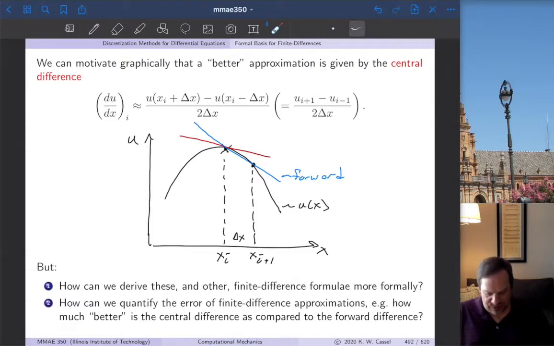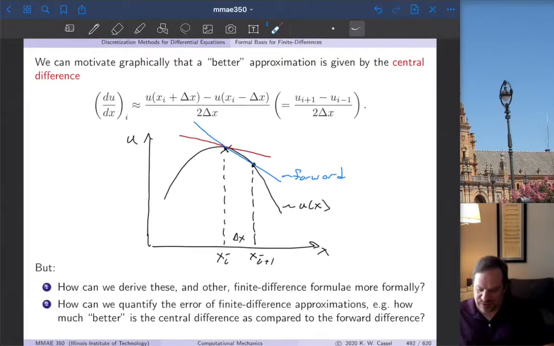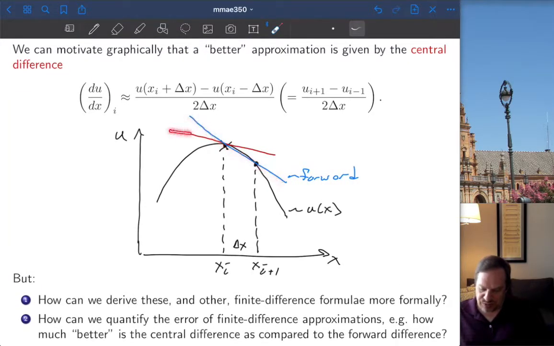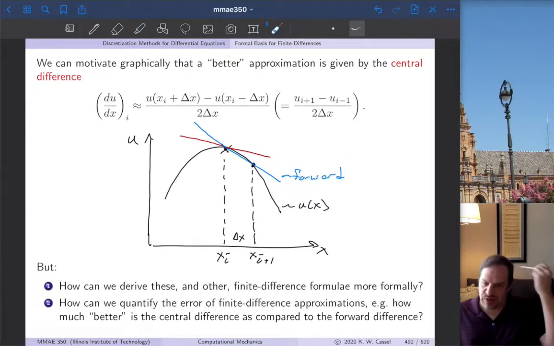Again, it's the point itself and the point to the right, and you look at the difference in u, that's the rise, over the difference in x, the run. So that's the forward difference. Now you can see I've blown this way up so we can actually see what's going on. Normally the delta x would be very, very small. If I look at that, I'd say this is not a very good approximation to this.